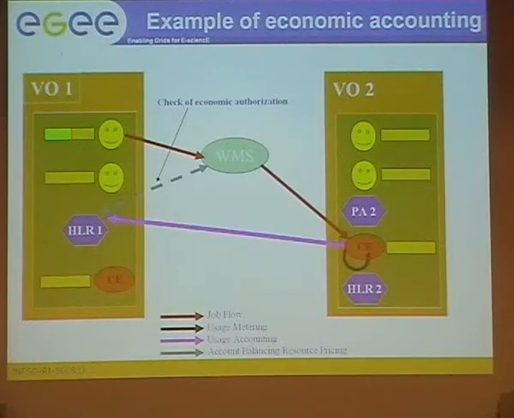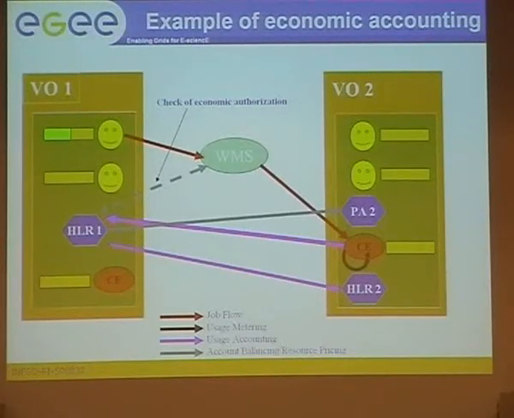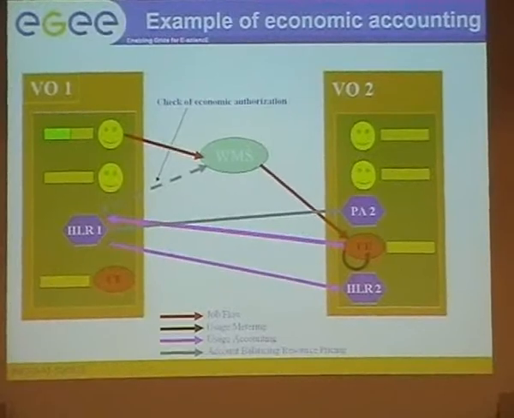usage records are sent to the user's home location register. The price valid at that moment for the computing element is requested from a price authority. Then there is an exchange of usage records between the user HLR and the resource HLR. It's not shown here, but the cost is computed.